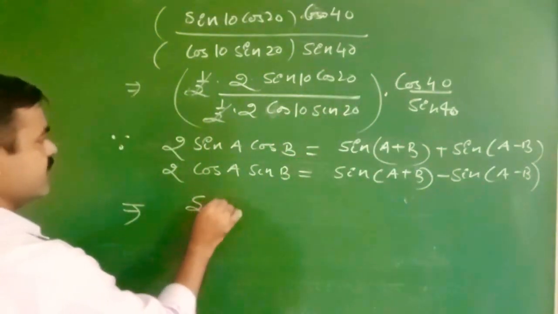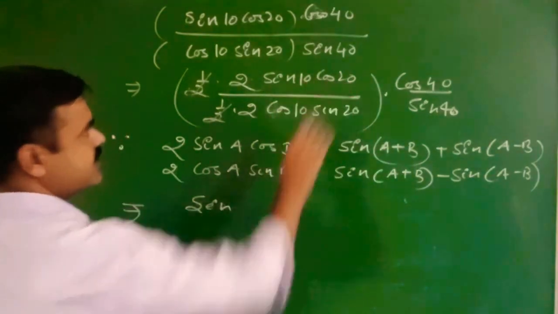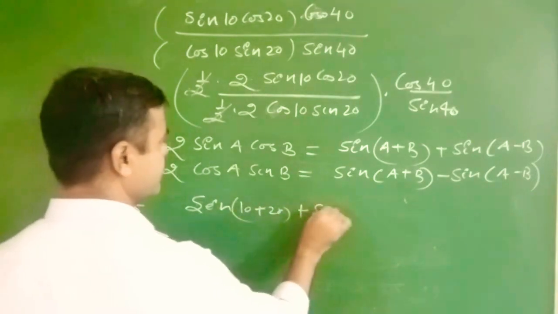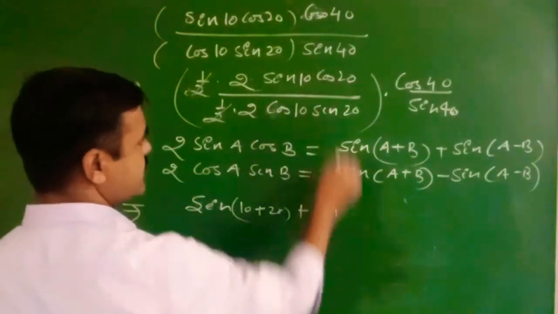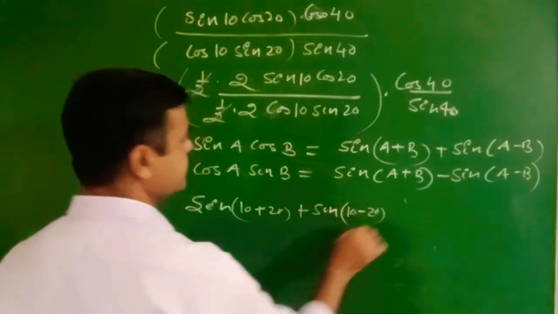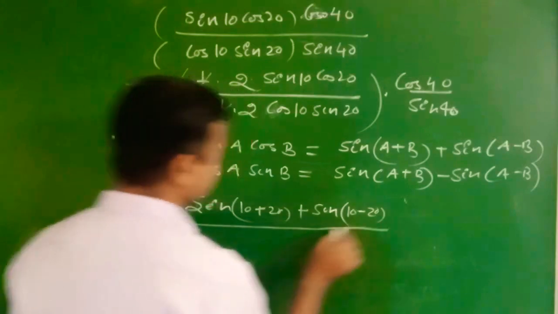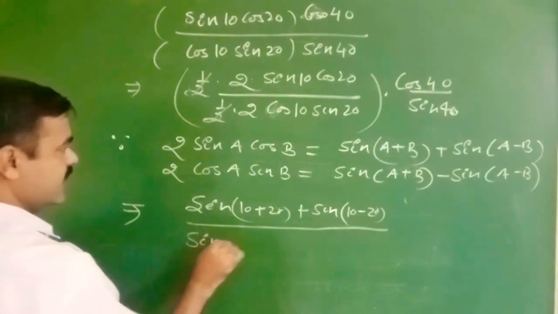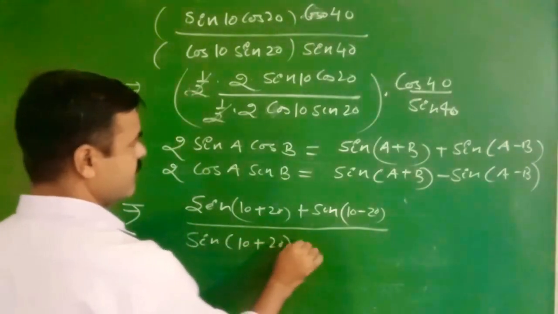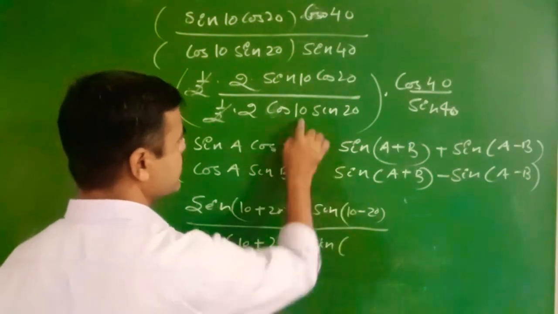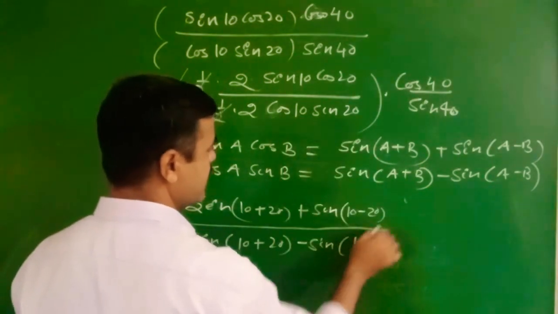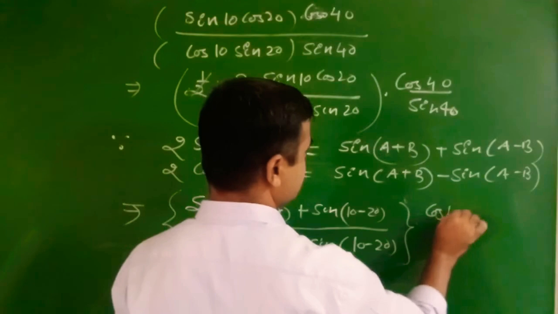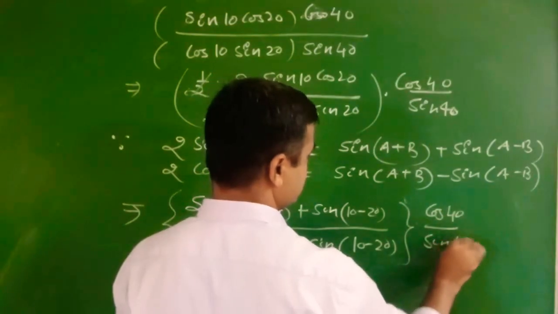So apply sin A plus B, meaning 10 plus 20, plus sin A minus B, 10 minus 20, divided by 2 cos A sin B. This is of the form sin A plus B, 10 plus 20, minus sin A minus B, 10 minus 20, here, and these are in a single bracket, and these are as it is, cos 40 upon sin 40.